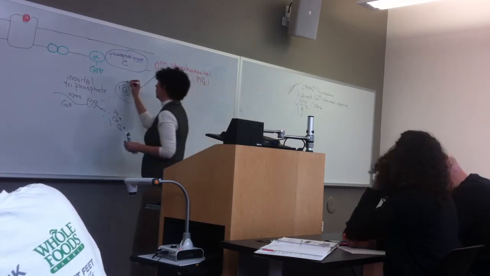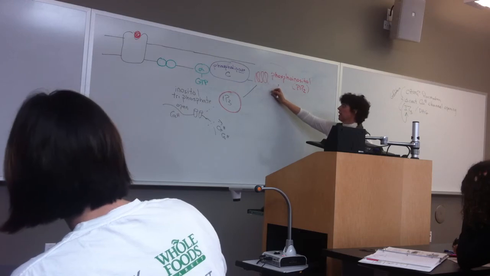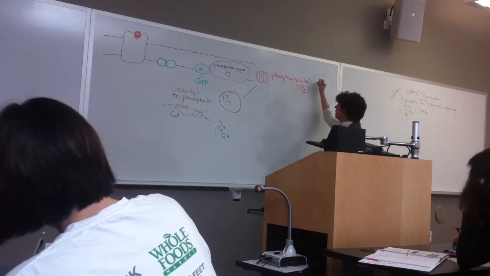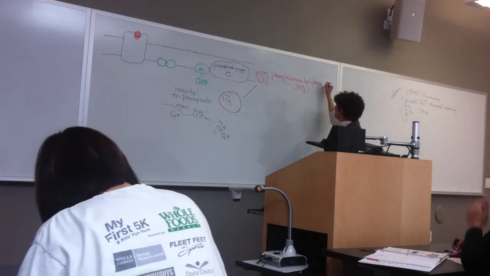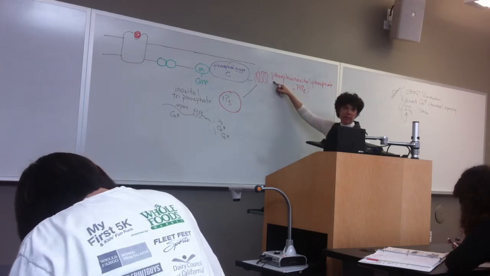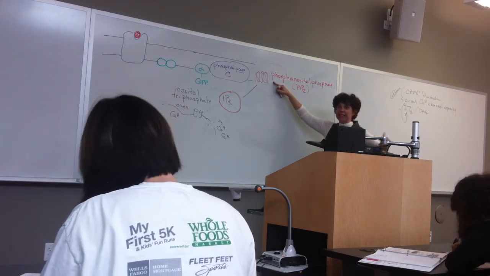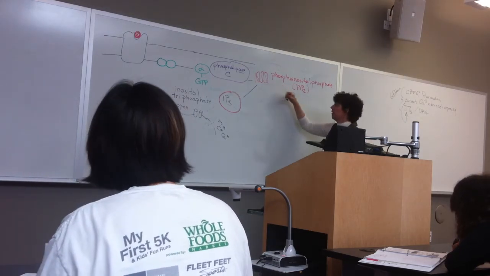The other molecule that is derived from phosphatidylinositol phosphate is diacylglycerol. And it stays in the membrane, unlike the diagram that you have in your lecture notes where it looks like it's diffusing in the cytoplasm. All right?